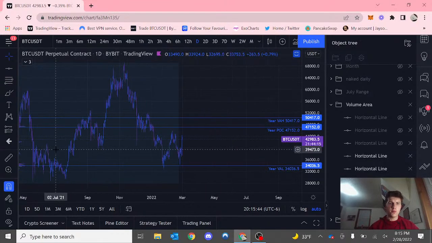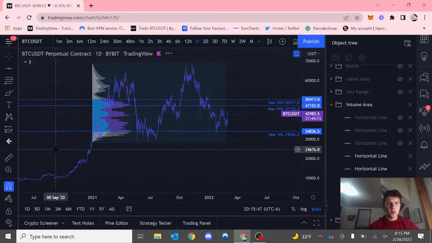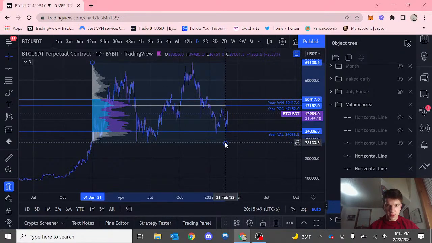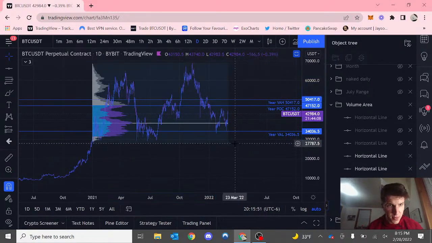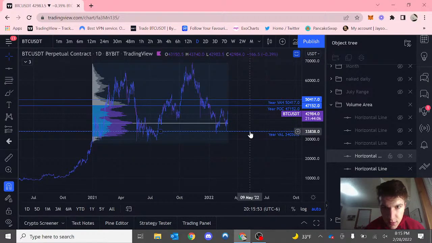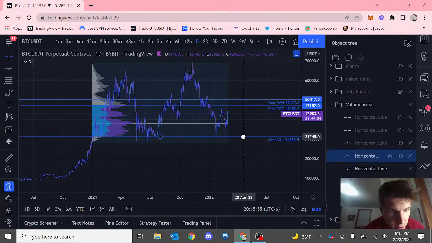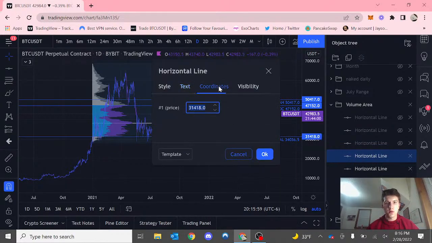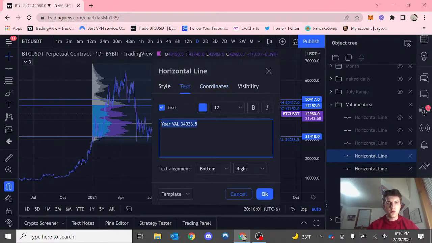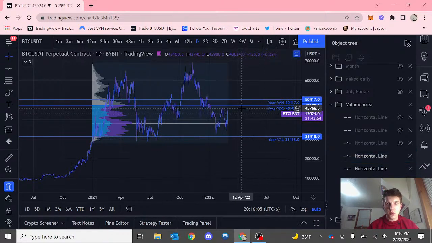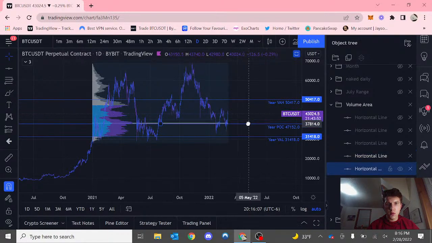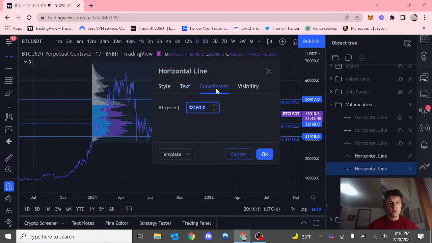It's more of a long-term range of volume. Wow, this shifted way down low. Interesting. Okay.